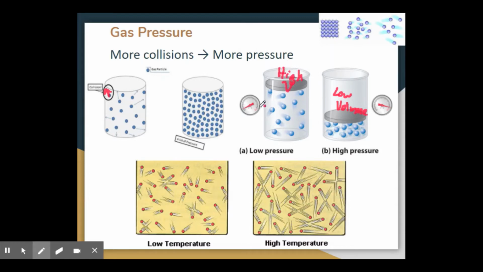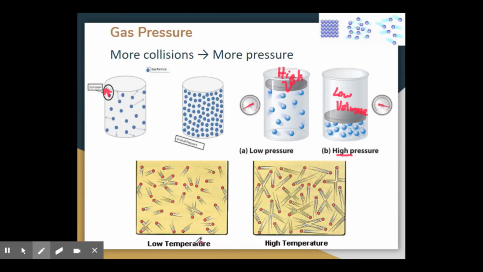Remember, this controls how much space they have, and that amount of space tells us which situation gives us more collisions. When they're squished together, with less room, you're going to have higher pressure because you have more of a chance of getting a collision, versus when there's more space between particles, the likelihood of collision is lower because they have more space.